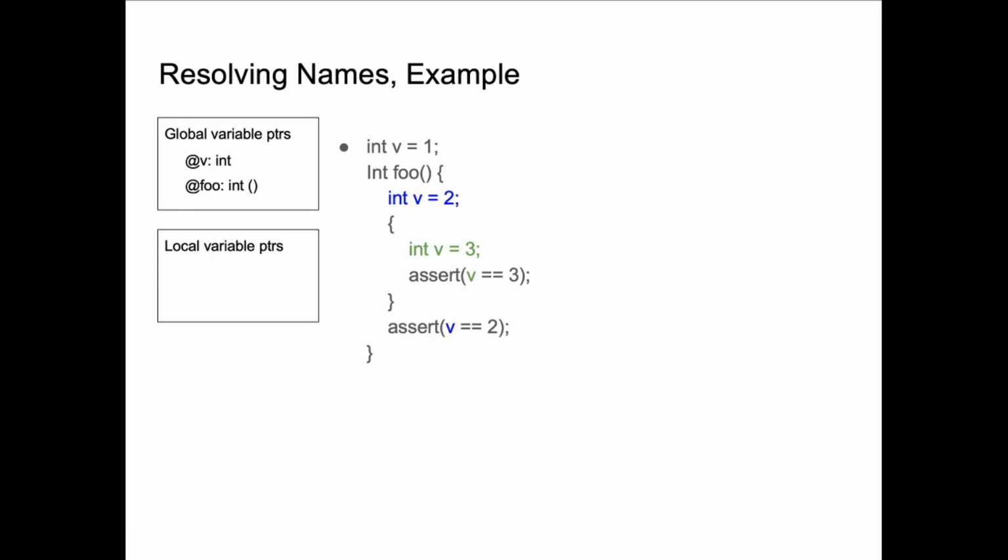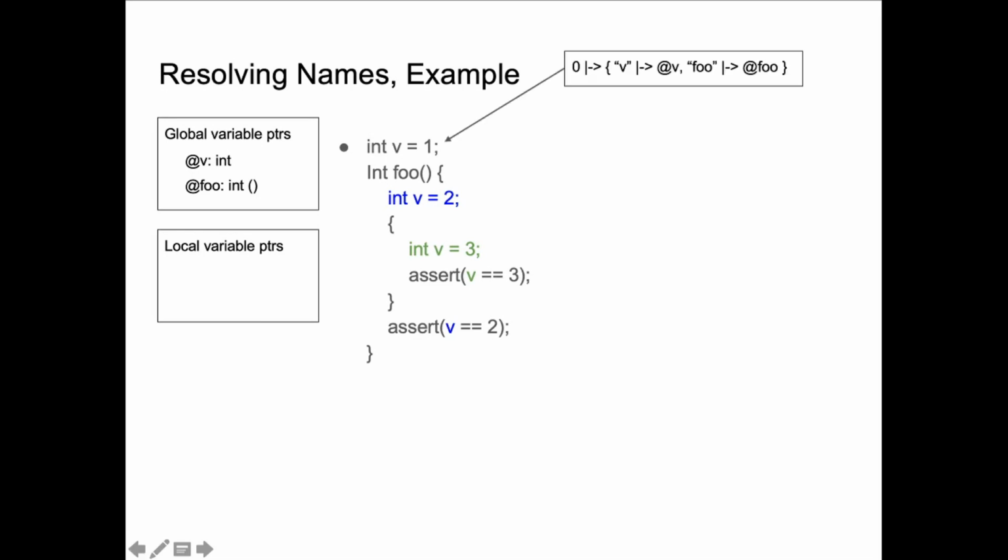Okay, now let's translate this function one by one, resolving the names. So at the beginning of the function, you don't know what kind of local variables are declared in the function. So the local variables are empty at the beginning.